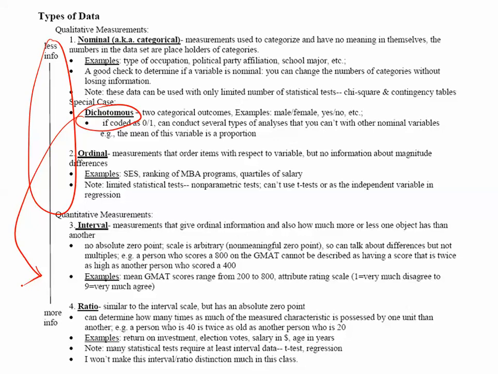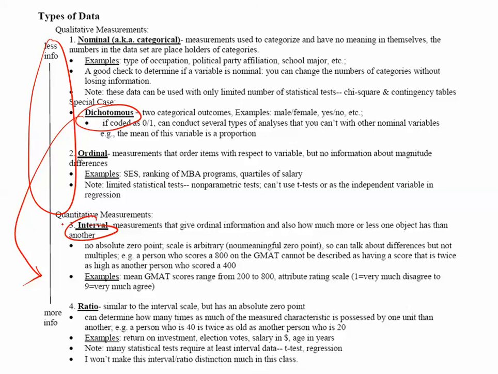So now we can say if you are 15 and your brother is 13, not only are you older than your brother, but you know how much older you are than your brother. And that is an idea of an interval measure. Now, an interval measure, a pure interval measure, has no absolute 0 point, or you would say the absence of something really doesn't mean anything. So the scale is somewhat arbitrary.